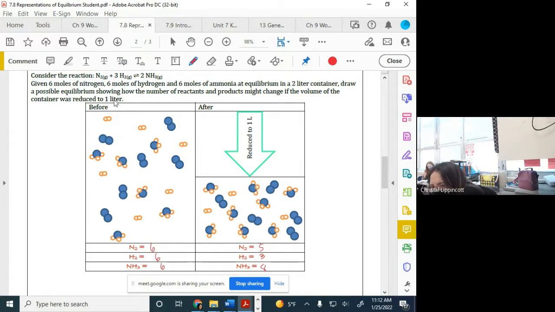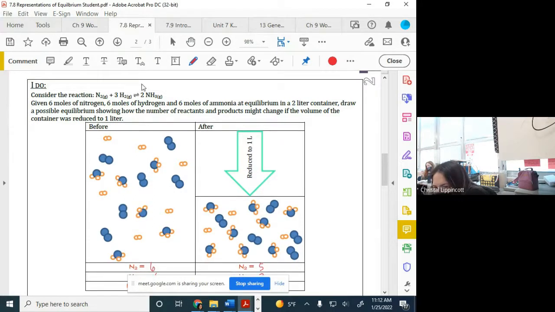All right. So how do we know that, guys? Okay. I'm going to reduce the volume, which ends up doing what to the pressure? Increases it. Increases the pressure. So if I increase the pressure, then I've got 4 moles over here.